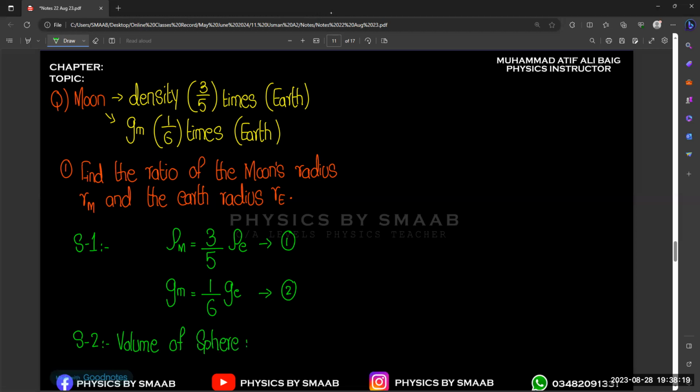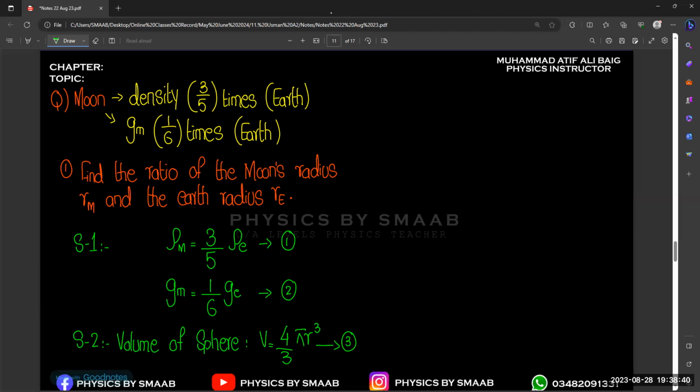So your volume of a sphere will be 4 over 3 pi r cube, right?